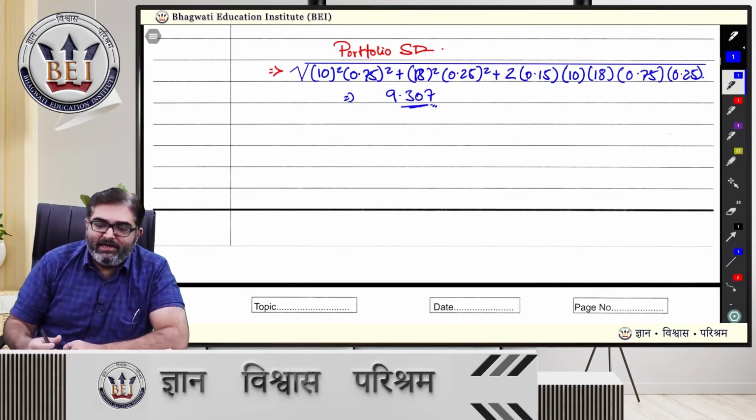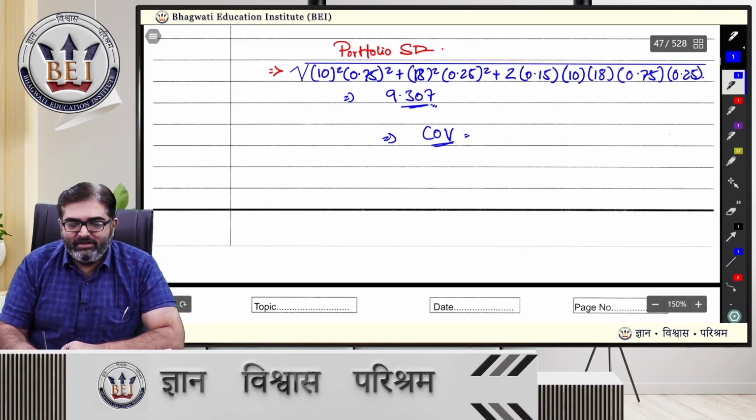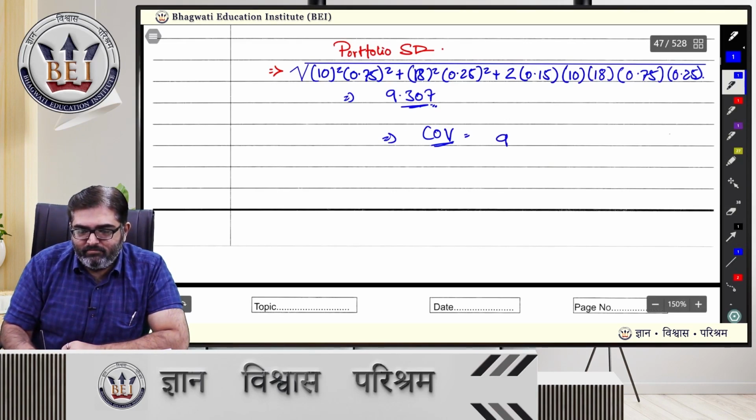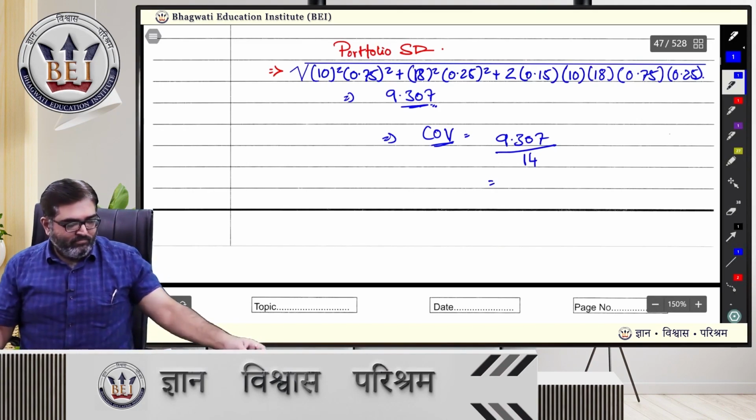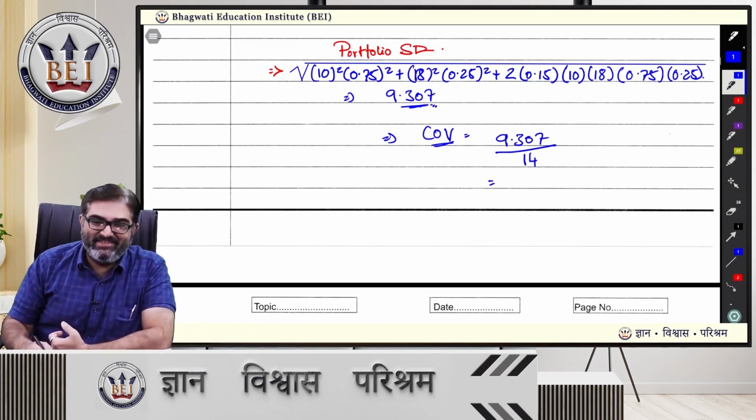अब इसका COV क्या निकलेगा? If you solved it, you can check the answers and move ahead. Nothing really exciting about this sum. 0.665.